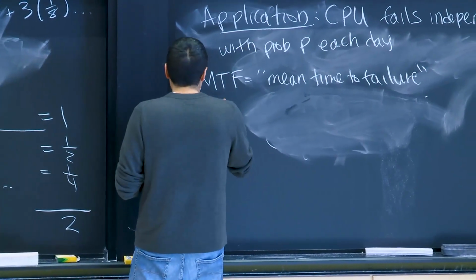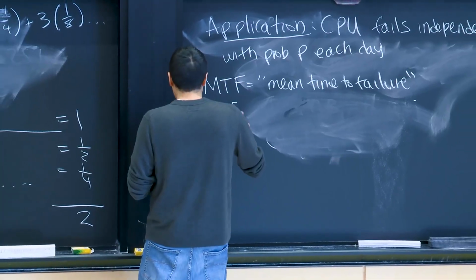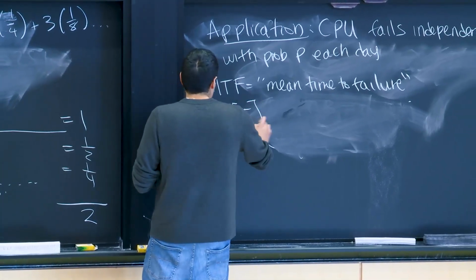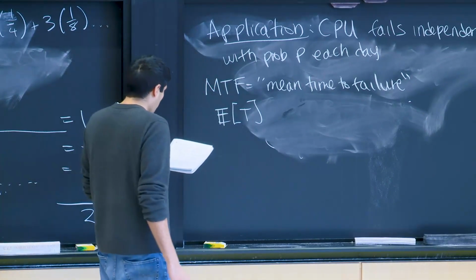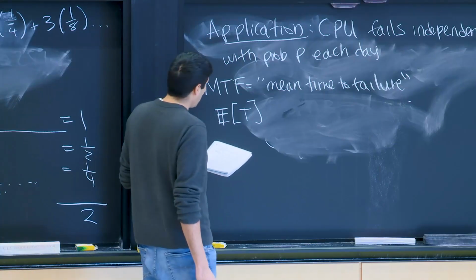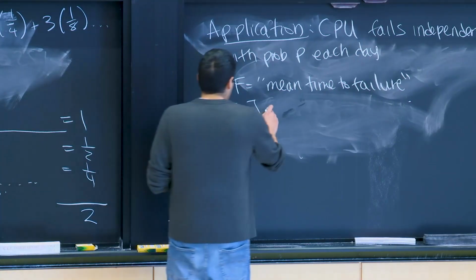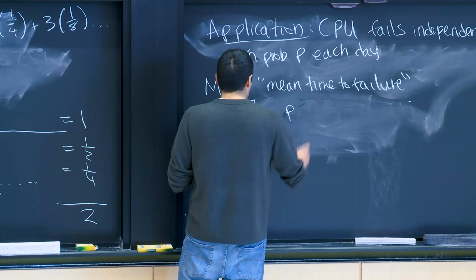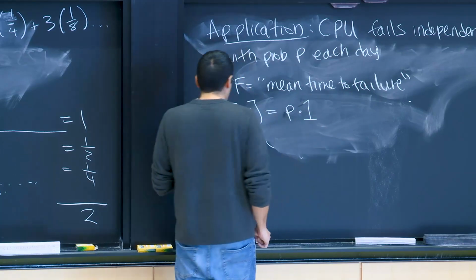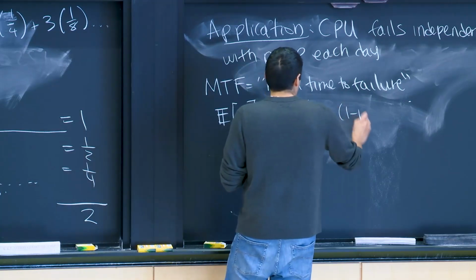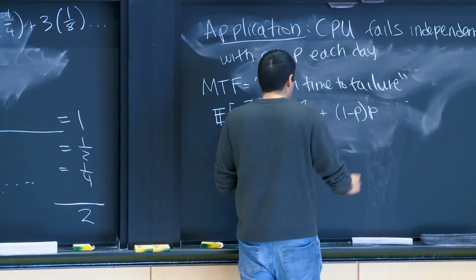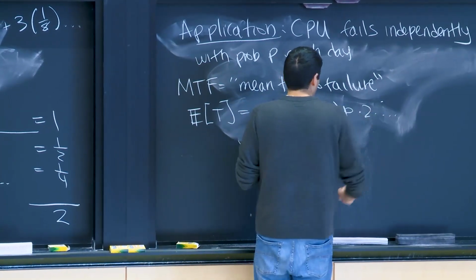But we can do the same exercise we did the same way. I'll do it in a slightly more clever way. So we have this random variable t that is the time that this computer fails, right? So we have some probability p that it happens on the first day. And then we have some probability 1 minus p times p that it happens on the second day.